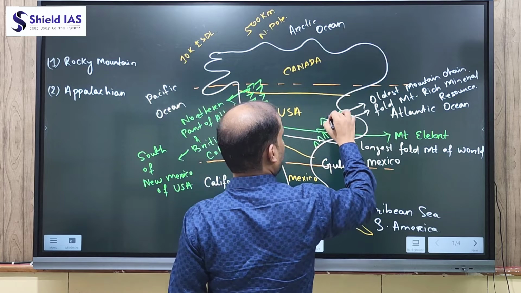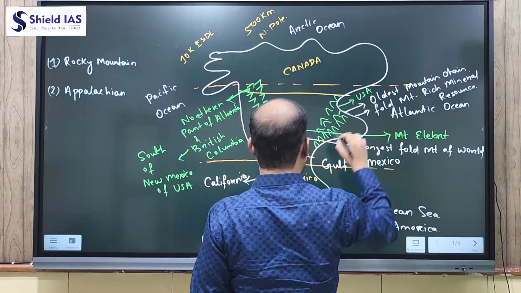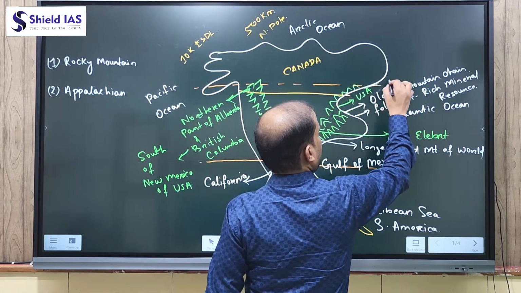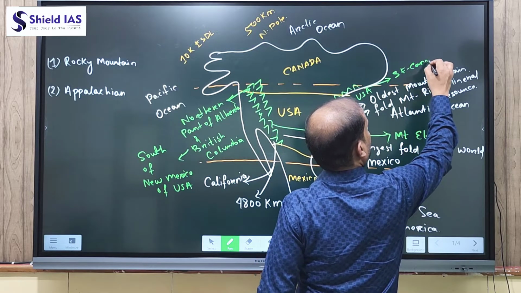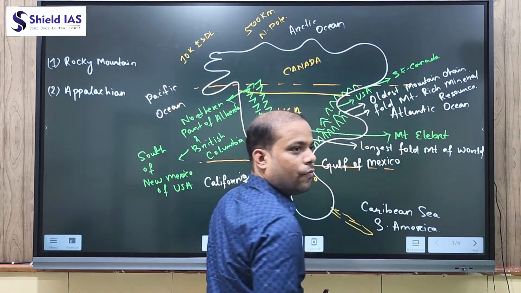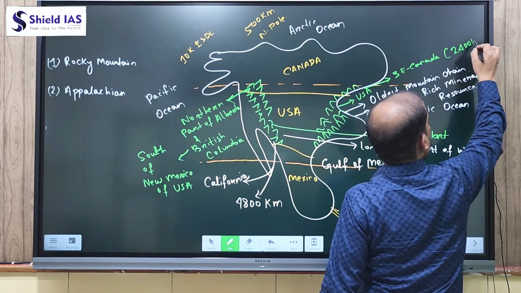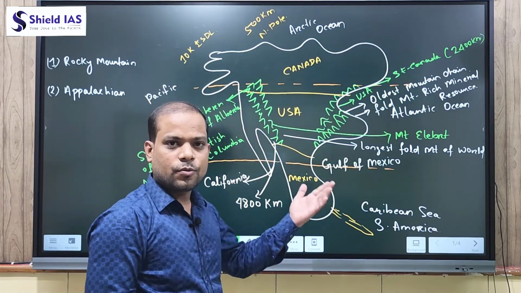Most of the mountains are situated in the USA, and some parts of this mountain extend toward the southeast of Canada, and the length is 2400 kilometers. The width of this mountain varies from region to region.